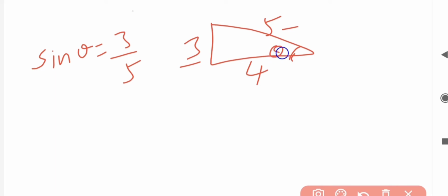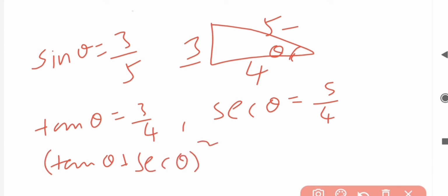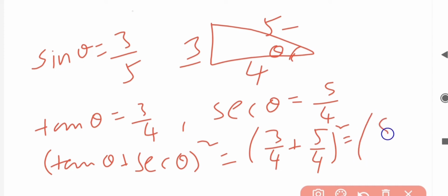Now find tan theta plus sec theta whole square. Tan theta means opposite by adjacent. Sec theta means hypotenuse by adjacent. So you add tan theta plus sec theta, and I also want the whole square. So 3 by 4 plus 5 by 4 whole square. The denominator is the same, so add the numerators: 8 by 4 whole square. 4 ones are 4, 4 twos are 8. So 2 square means 4. Then RHS is 4.